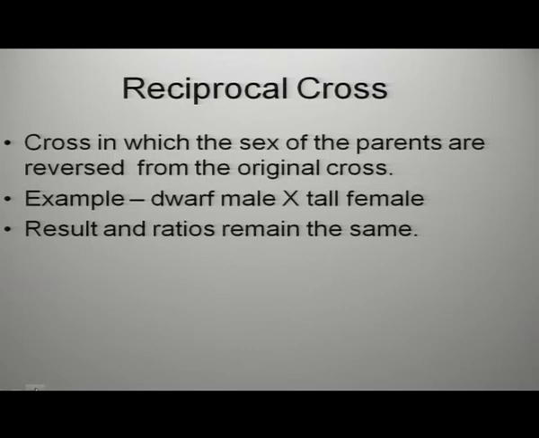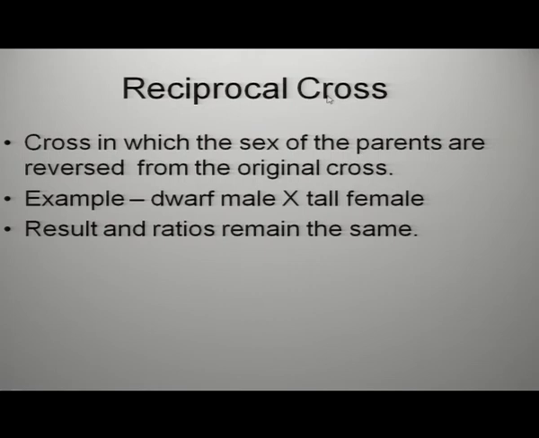Now comes the question, what is meant by a reciprocal cross? Mendel conducted the original cross by taking the tall plant as male and the dwarf plant as female, but he also conducted the reciprocal cross. Now, what is the need of this reciprocal cross?